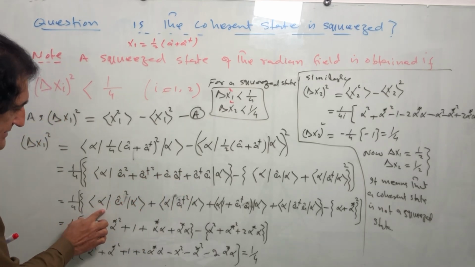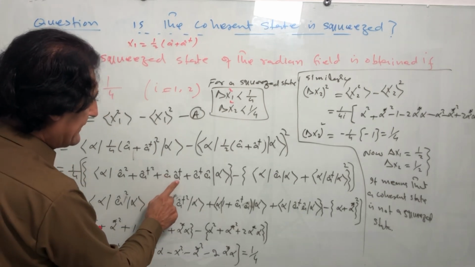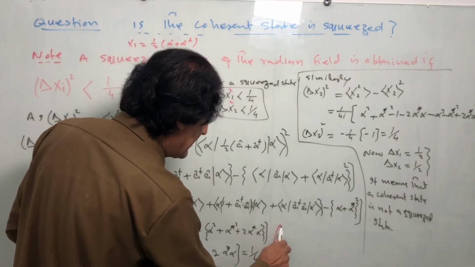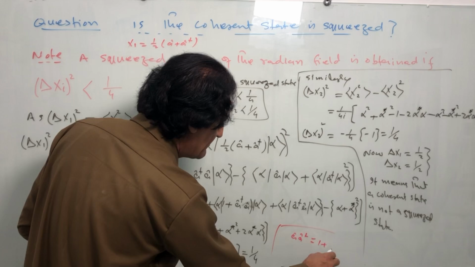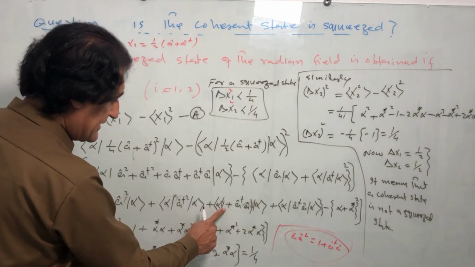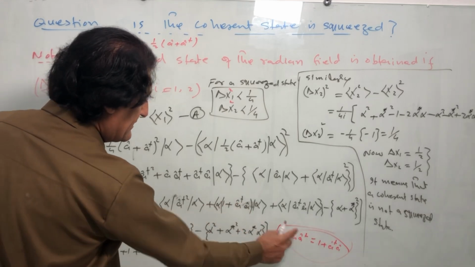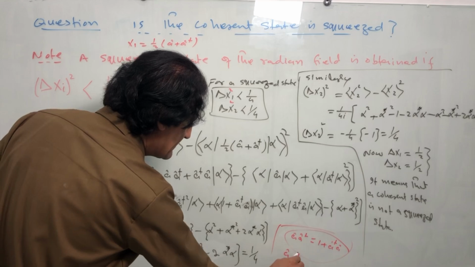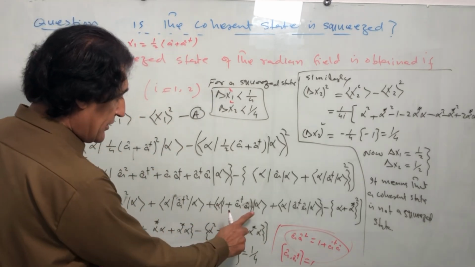For a a dagger, I put the value 1 plus a dagger a, which is obtained from the commutation relation.